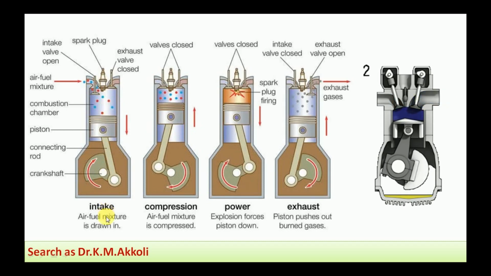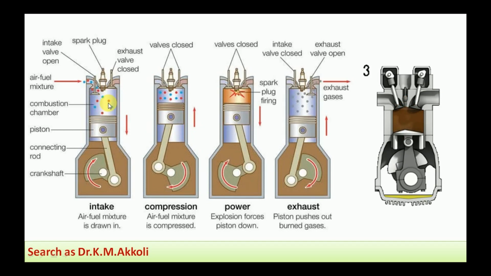And here we will take the first one, that is the intake or suction stroke. In this one the air fuel mixture is drawn in. The piston is moving from the top dead center to the bottom dead center, and the inlet valve remains open and the exhaust valve remains closed. Due to the movement of the piston, a partial vacuum is created inside the engine cylinder.